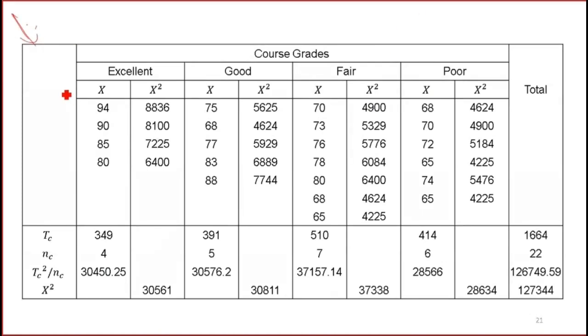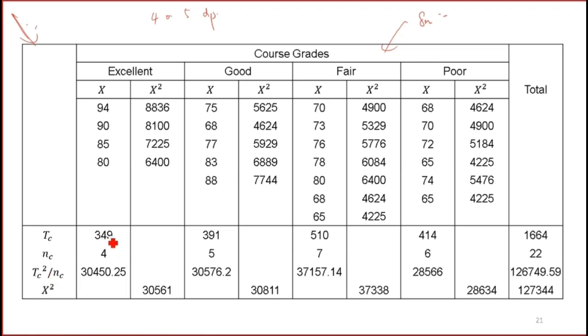Make sure you construct this table. Make sure you don't round off too early. If you want to round off, take 4 or 5 decimal places, because this will affect your final answer. Then you do it one by one. For each group, you need to calculate the total value for x. Our n for each group is 4, so you need to divide by NC.